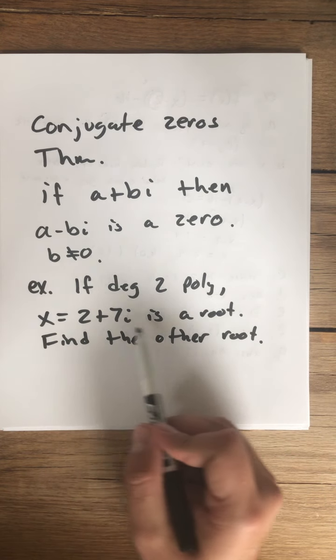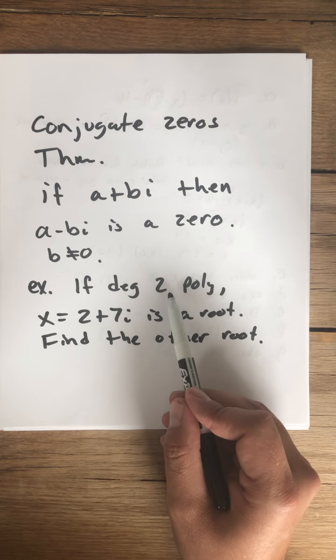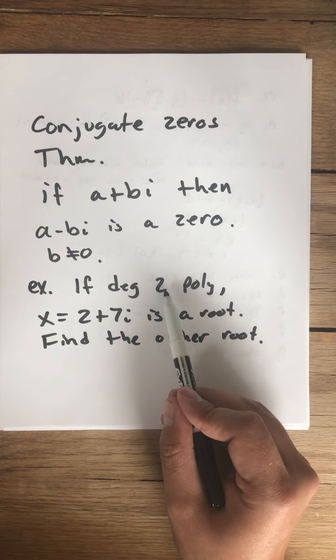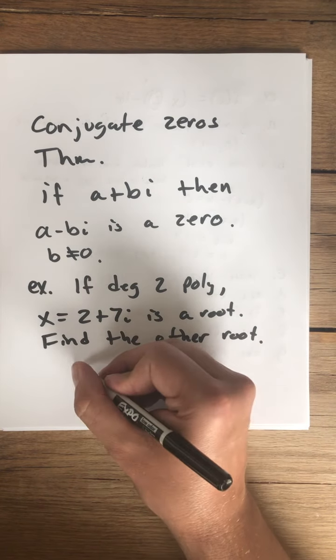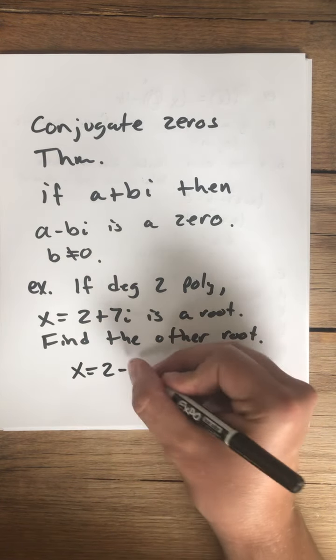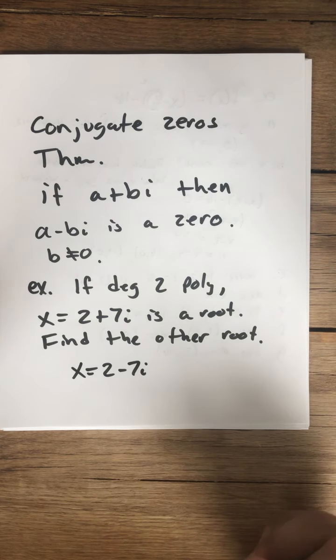If we know that 2 plus 7i is a root, and this is a second degree polynomial, so the total number of solutions is 2, then the other solution is 2 minus 7i. That's a pretty straightforward and simple theorem to use.